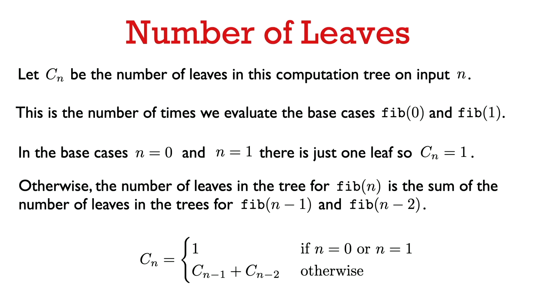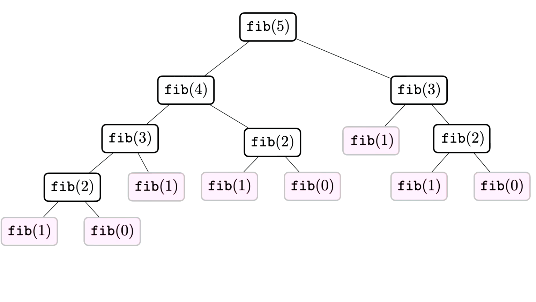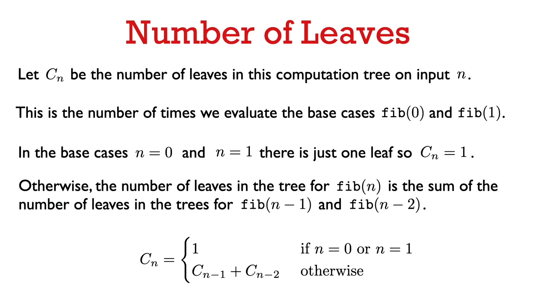And we can even say a bit more concretely how bad this algorithm is. So let's just count how many leaves there are in this tree. And again, the leaves are just going to be our base cases, right? Computing Fibonacci of 1 or Fibonacci of 0. And there's a nice formula for the number of leaves in this tree, which is very similar to the formula for the Fibonacci numbers themselves, right?